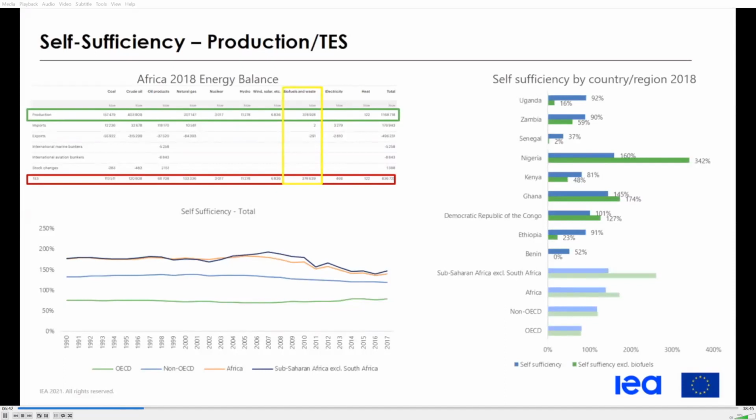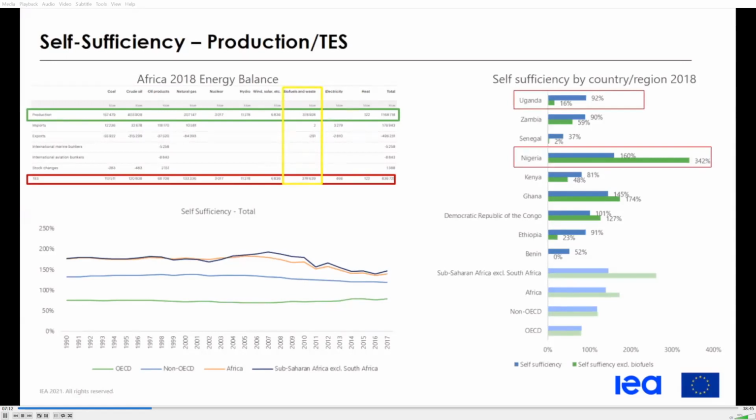For example, for Uganda, the self-sufficiency can seem very high at around 90%. But if we look at the energy balances, we see that there is a very high share of traditional biomass in the energy mix. And if not accounted, we see self-sufficiency drastically decreasing to 16%.